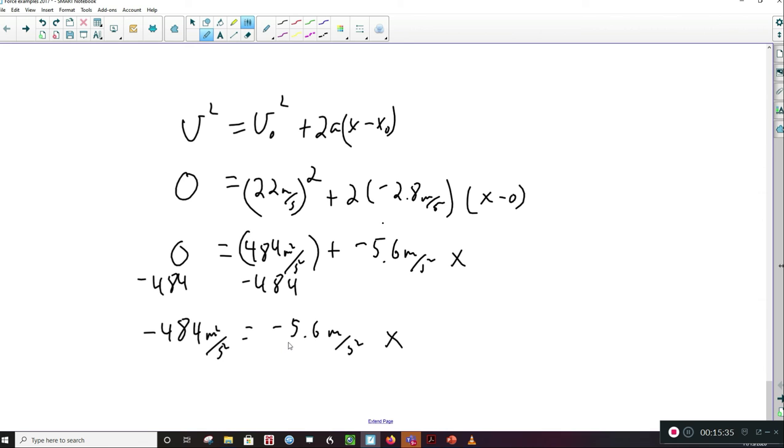Notice how the negative, when we divide this by negative, is going to give us a positive, which is good because we want a forward displacement, not a backwards displacement. So it just kind of makes sense.